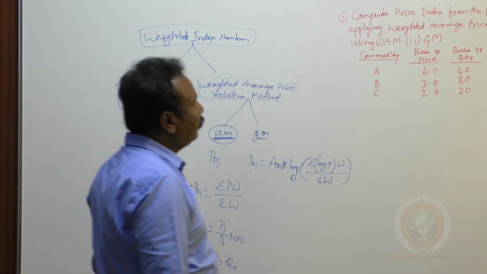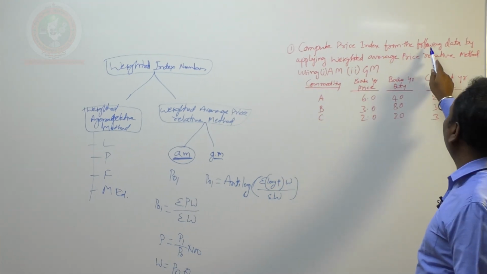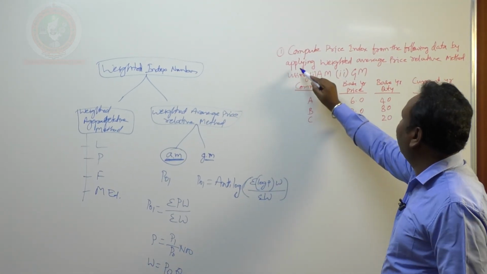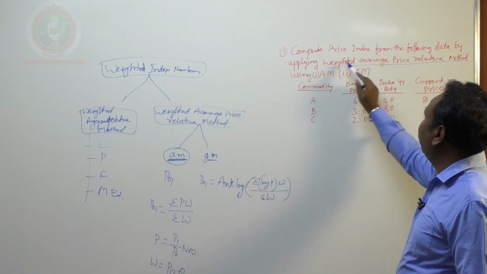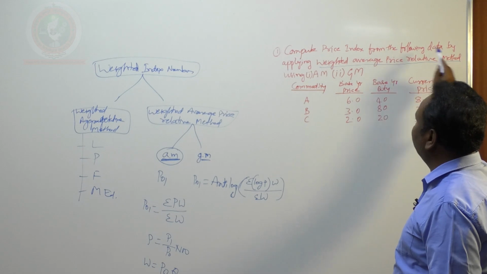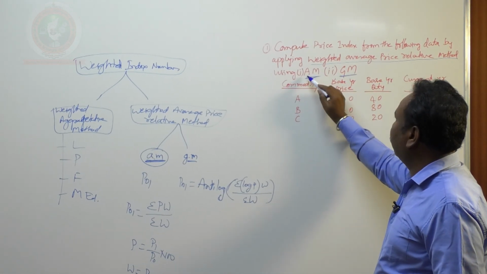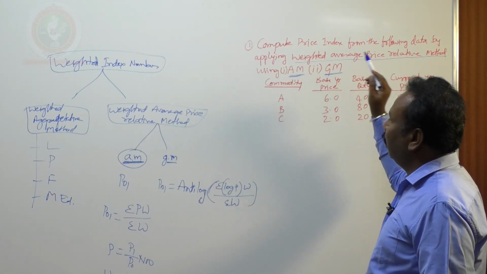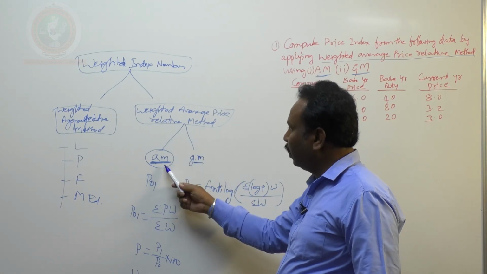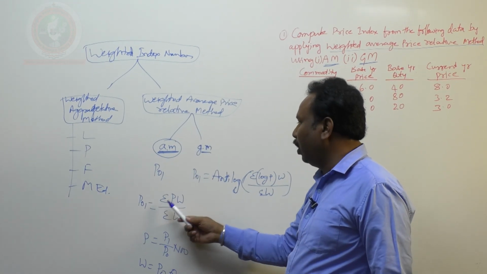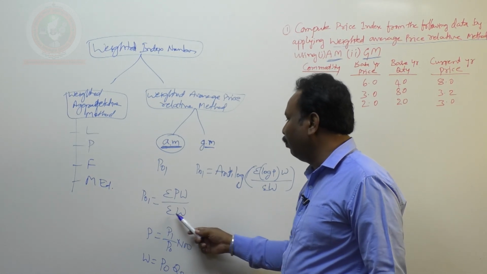Here one case is given: compute the price index from the following data by applying the weighted average price relatives method, under the AM and GM methods, that is, the arithmetic mean method and the geometric mean method. The arithmetic mean method is summation of P into weights divided by summation of weights.